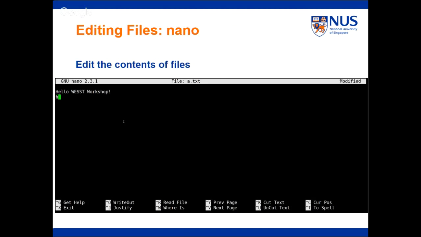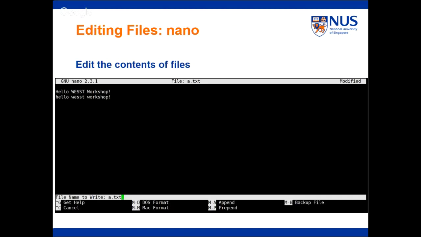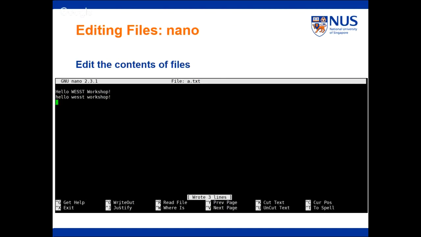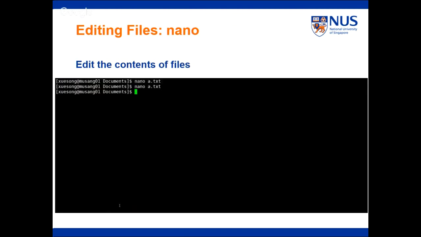You can open a text editor, and you can just edit like the txt on Windows, and at the bottom it shows you the options. You can save it or exit or copy or paste with this command.